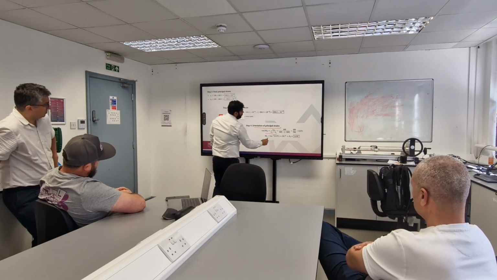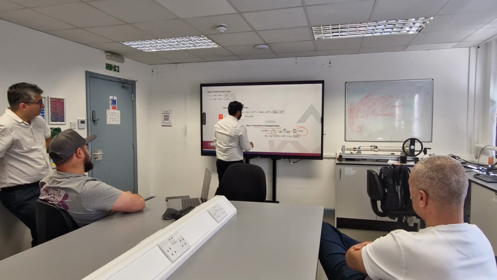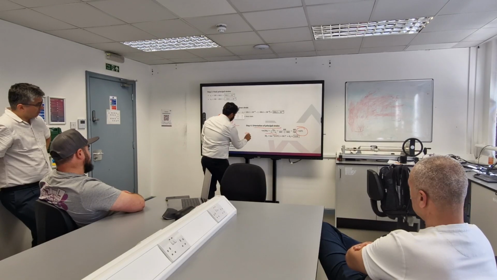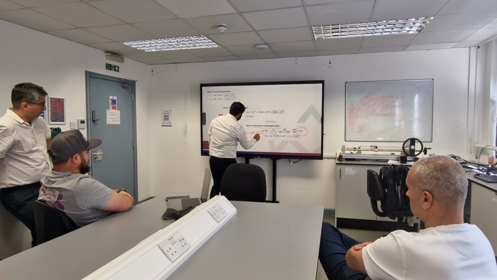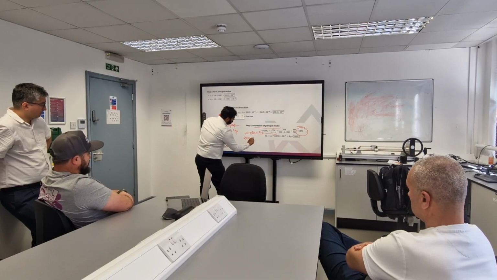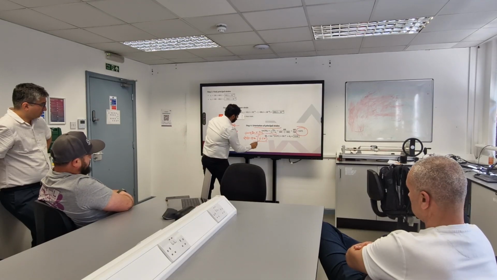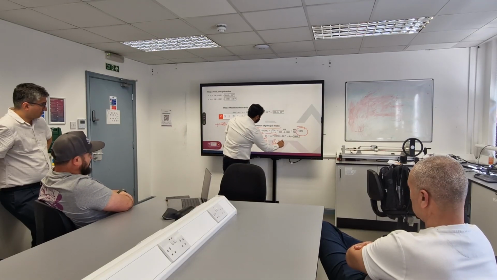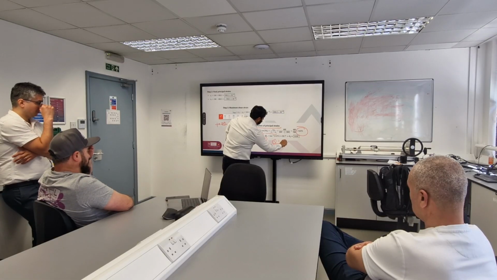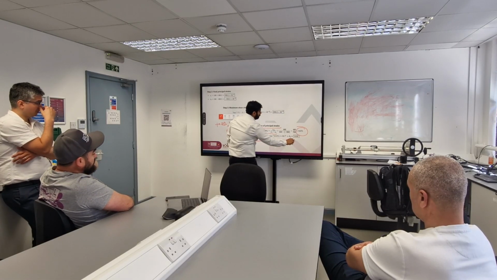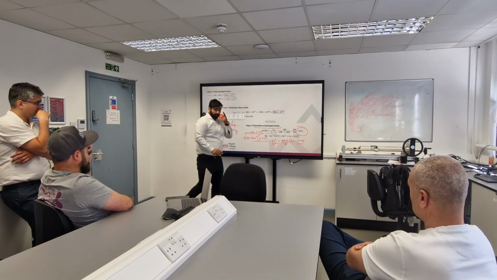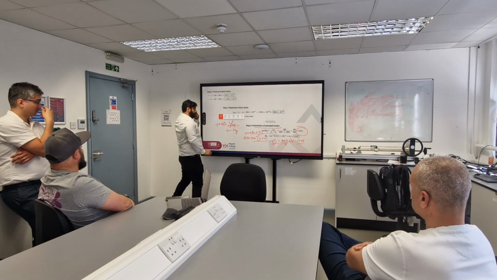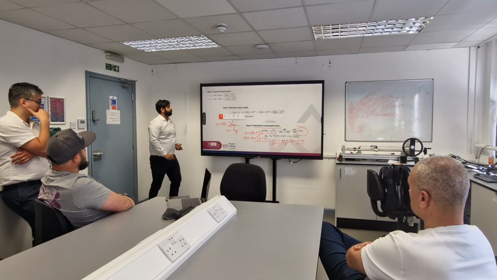We'll put the values there and we get the final answer: tan of 2 theta is equal to 0.571. 2 theta is equal to tan inverse 0.571, and that would be 29.7 degrees. Theta p is equal to that divided by 2, it will be 14.85. Okay, this is how we calculate the orientation of principal strain.